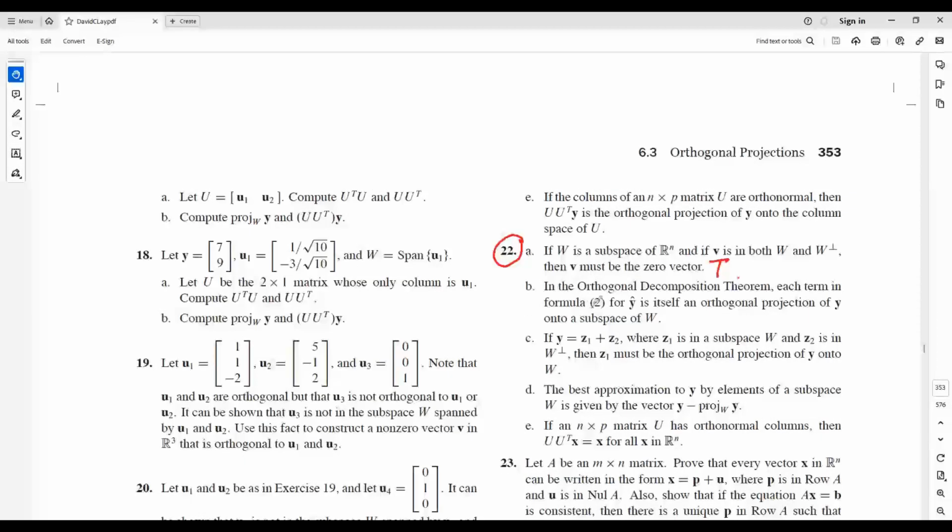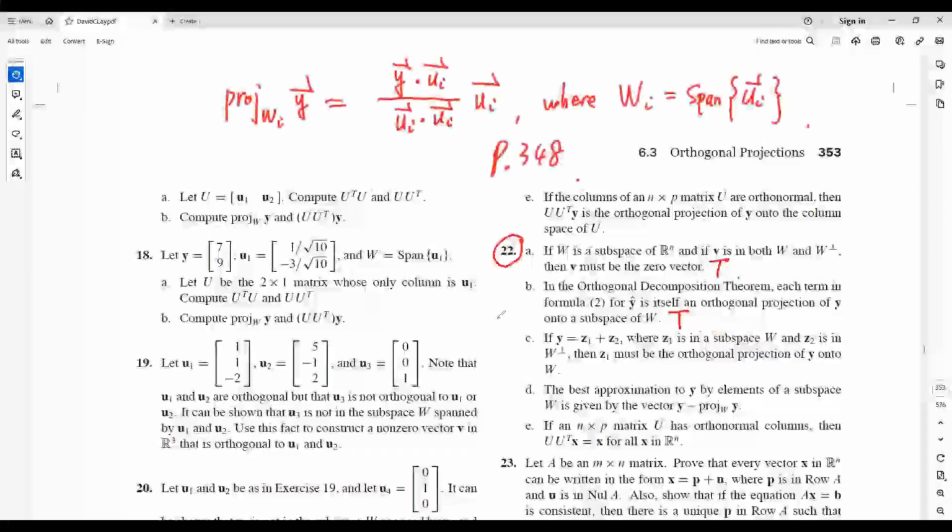B. In the orthogonal decomposition theorem, each term in the formula for y is itself an orthogonal projection of y onto a subspace of W. True. At page 358, we see that formula.